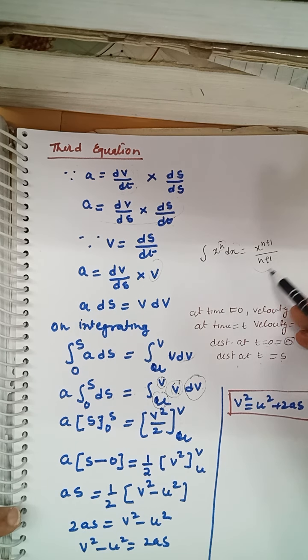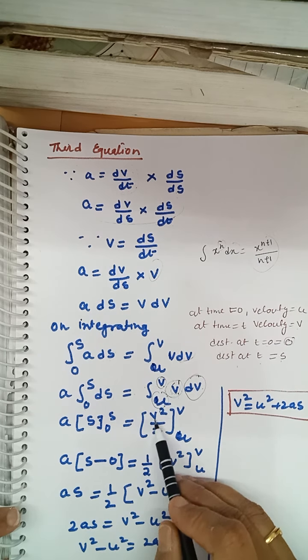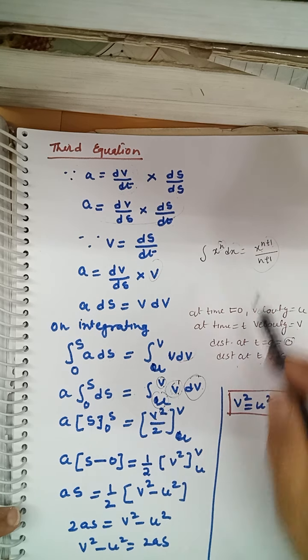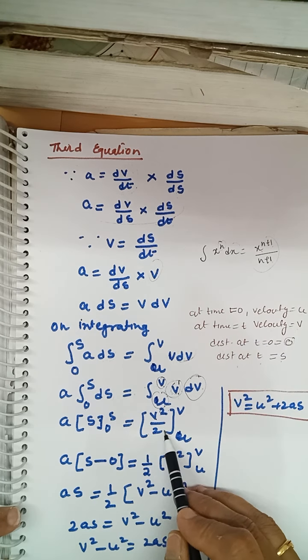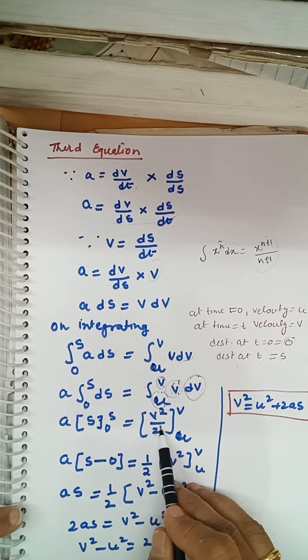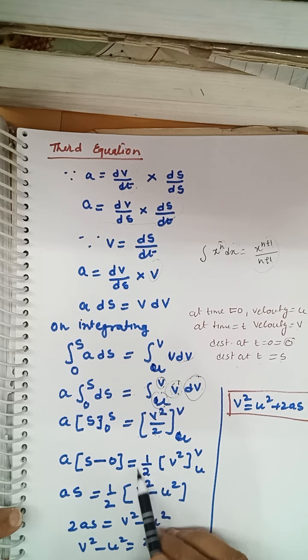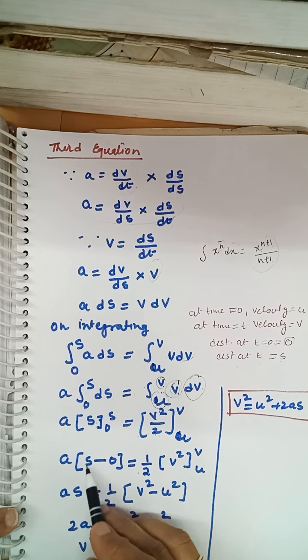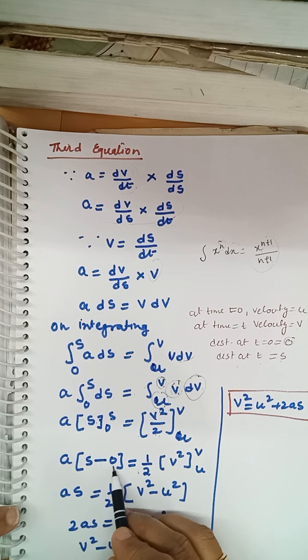So when you apply this, v to the power n plus 1 means 1 plus 1, which is 2, divided by n plus 1, which is 1 plus 1, 2. So you have got v square upon 2. Take 1 by 2 from this bracket outside, and apply the limit here also for s. For s, first you apply the upper limit, then minus the lower limit.